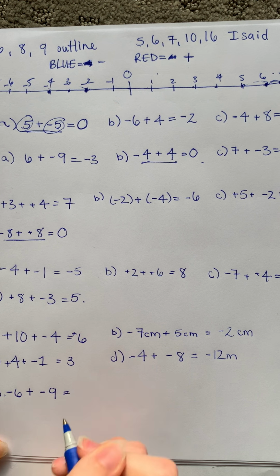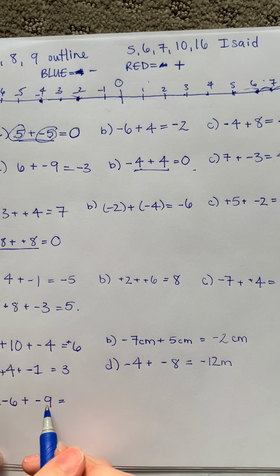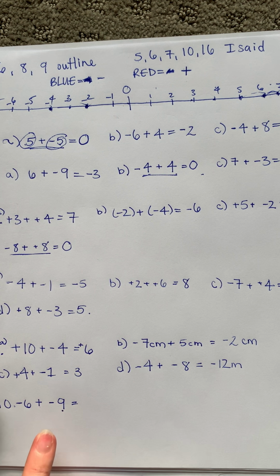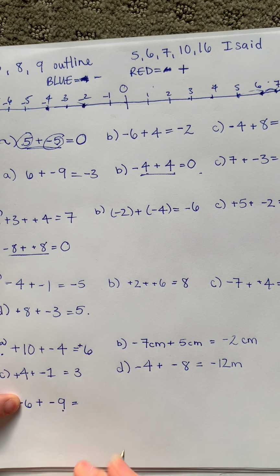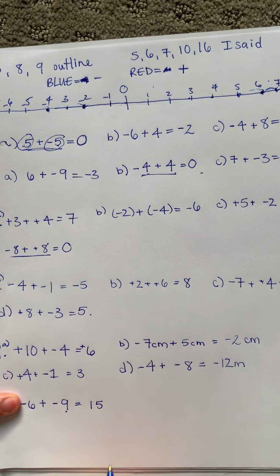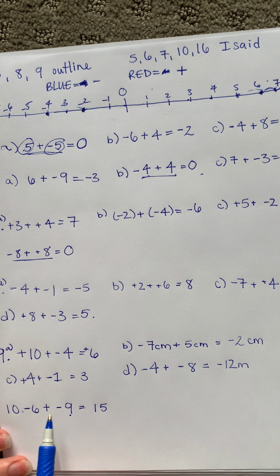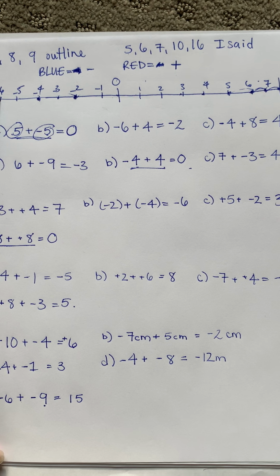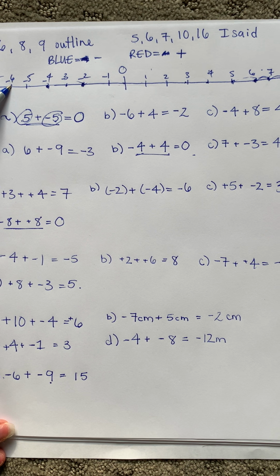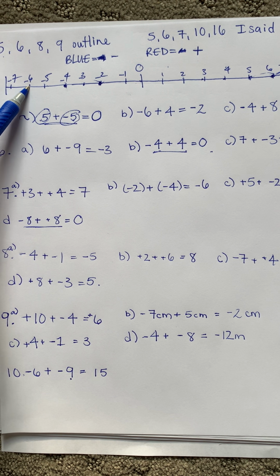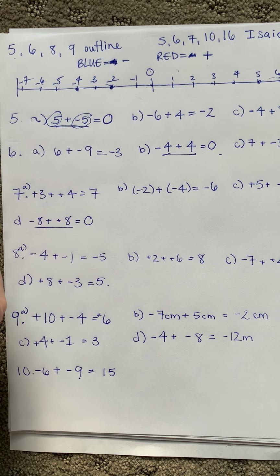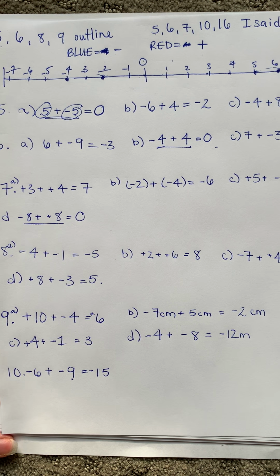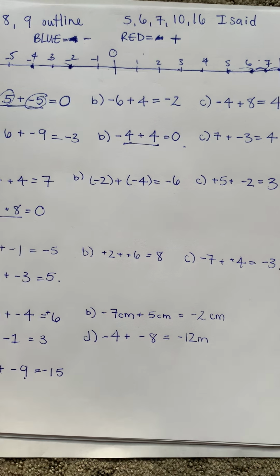Okay, so I have -6 plus -9. If I take away those negative signs, I can tell that should equal 15. I just need to decide if it should still be negative or positive. At my number line, I have -6, and I'm adding another negative number, -9. Negative numbers go to the left, which tells me it will be a negative number, -15. And that is all for question 10.